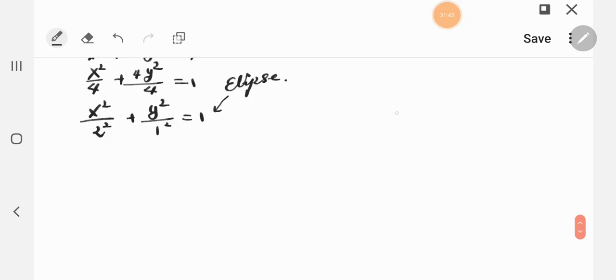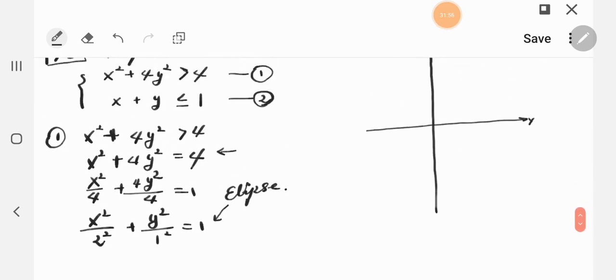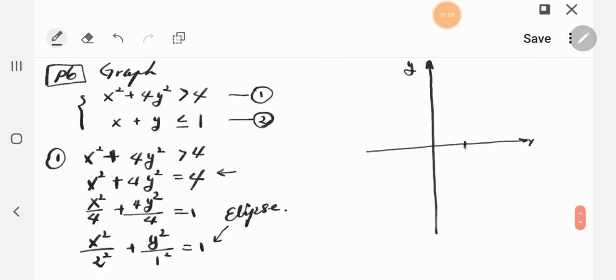So why don't we graph it? Okay, let's move it over here. X-axis, y-axis. This means a equals 2, the major axis is 2, and the minor axis is 1. Alright, so the graph looks something like this.